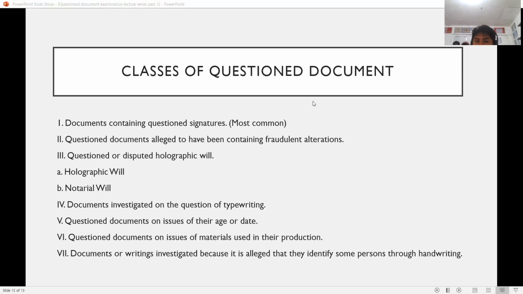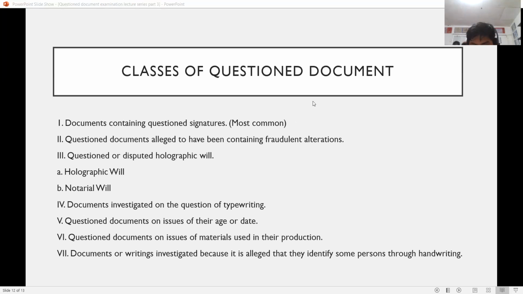on issues of their age or date. So documents questioned pertaining to the date of preparation, such as land titles, certificates, birth certificates, licenses, and other documents which can expire and can be renewed.